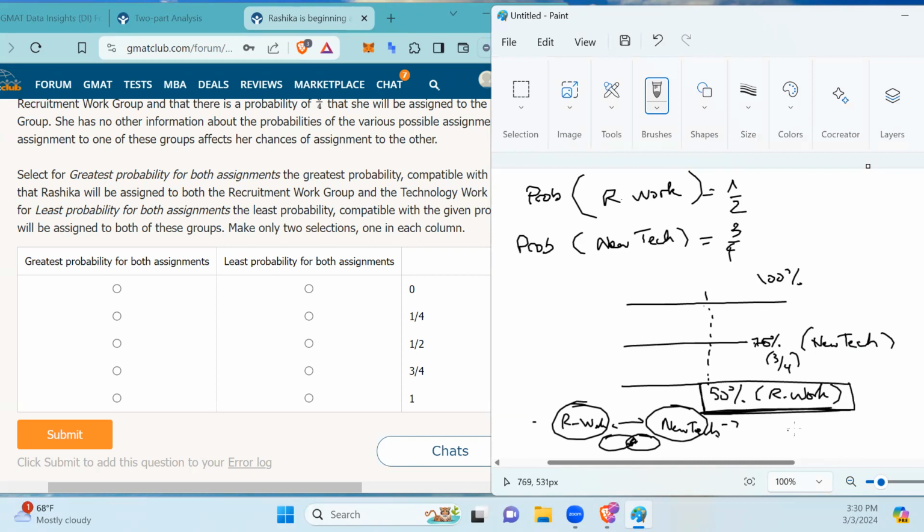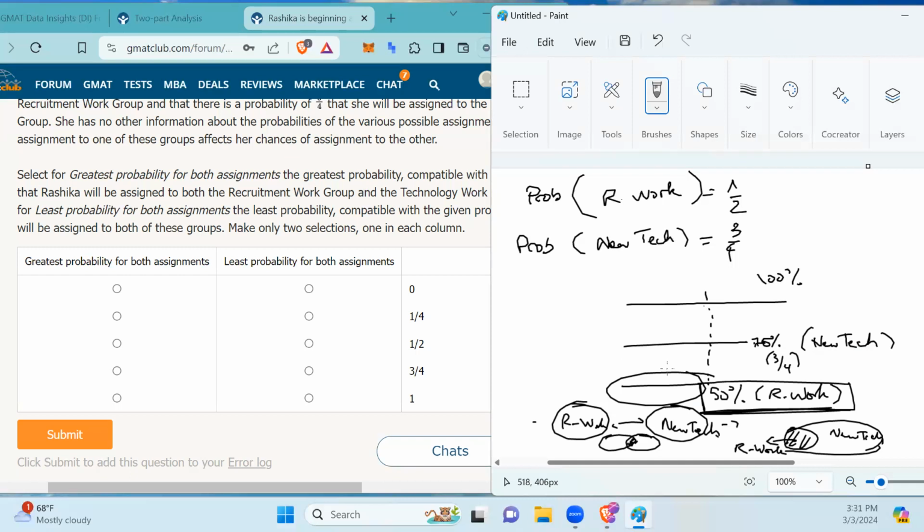So the high chance happens when recruitment work is a subset of new tech, which is 50% probability. That would be the greatest chance for getting into both. If you get in recruitment work, then you automatically get in new tech. So it's 50%. And then what's the least probability?